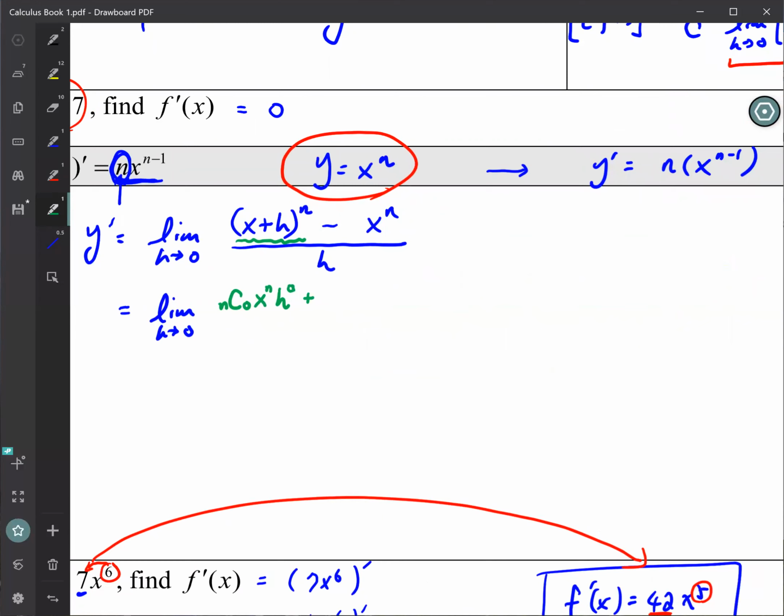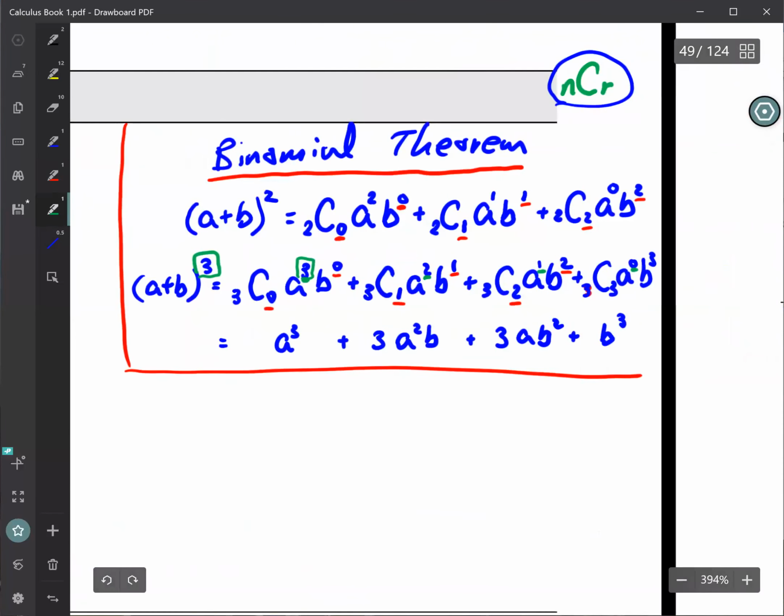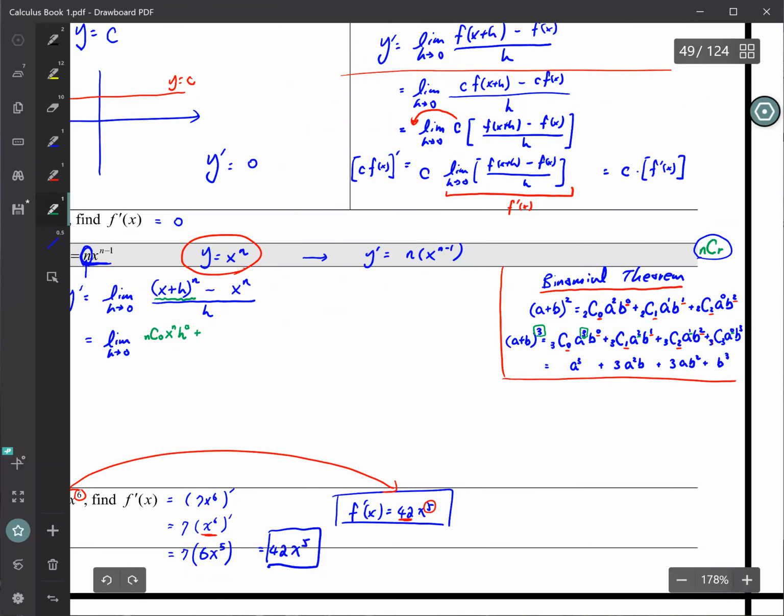Let's see. Carrie, do you want to try? How do we write out the second term now? I'm a little confused about this whole binomial theorem thing. Okay, which part do you feel confused? How we turn the x to the power of n into the binomial theorem.